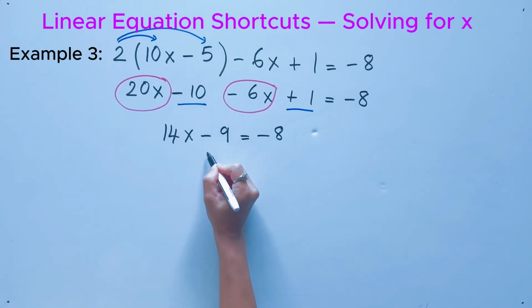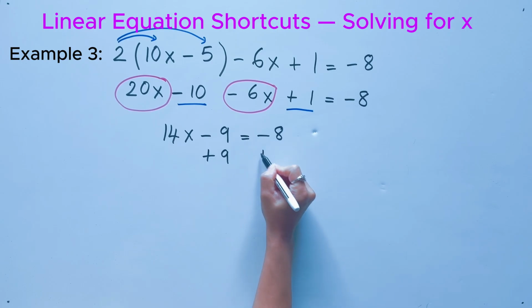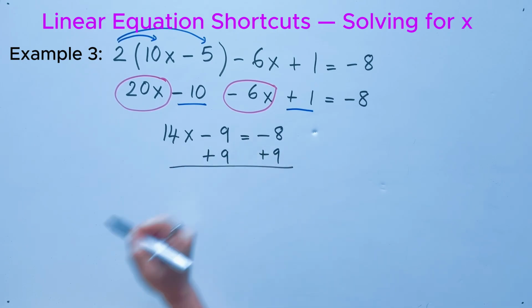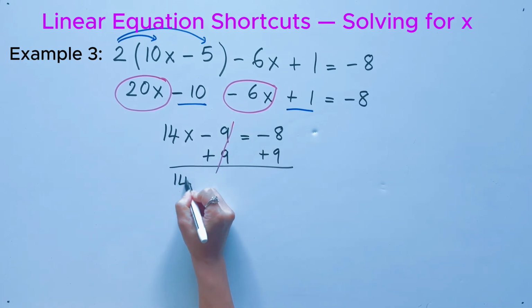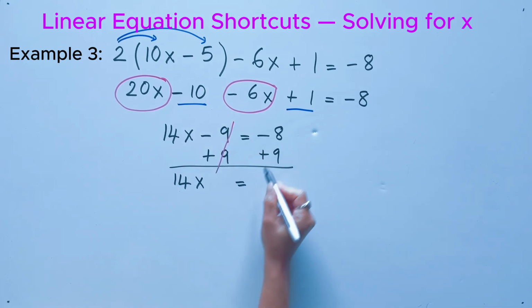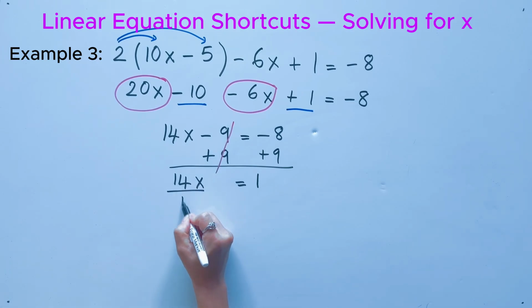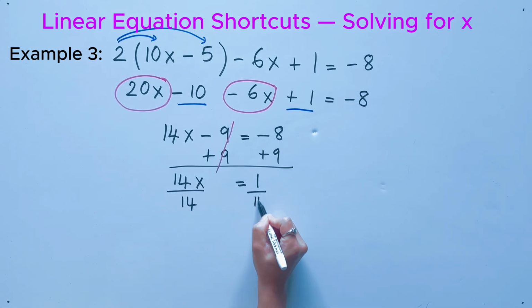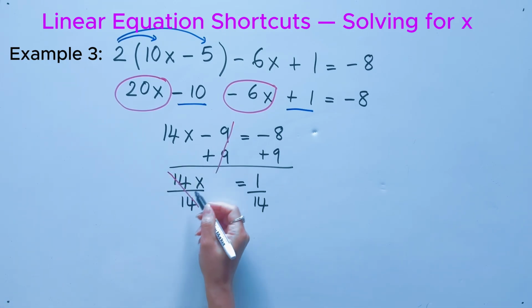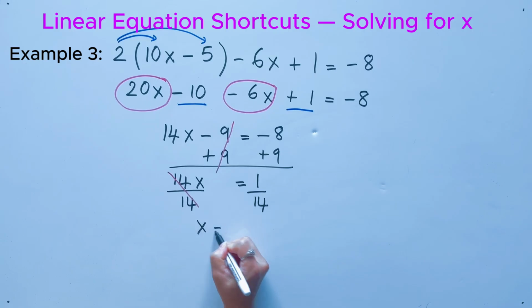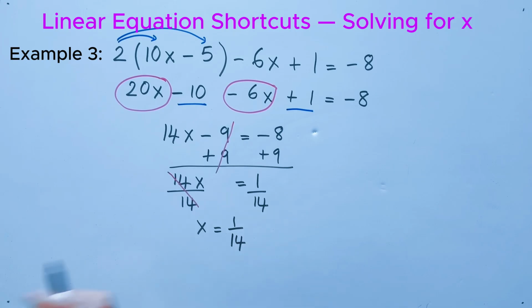We will add 9 to both sides. So this cancels out. Bring 14x down equals negative 8 plus 9 is 1. So divide both sides by 14. 14 divided by 14 is 1. 1 times x is x. So the answer is x equals 1 over 14.